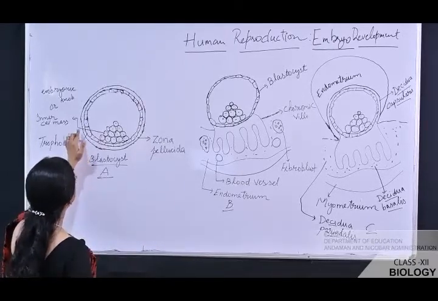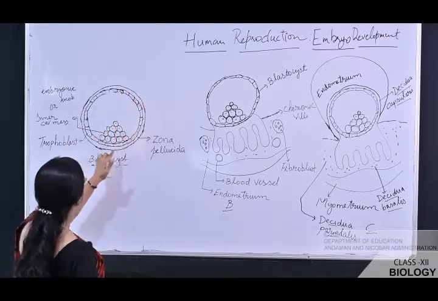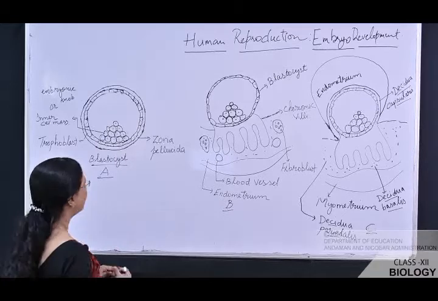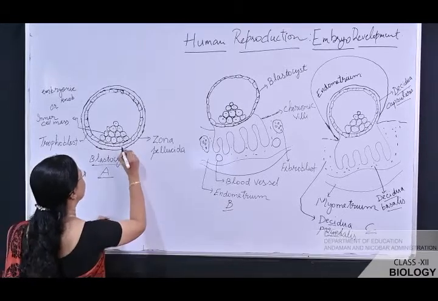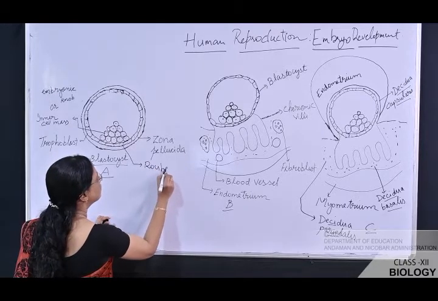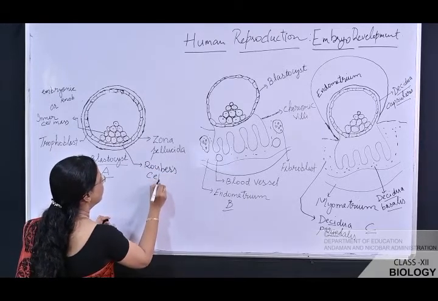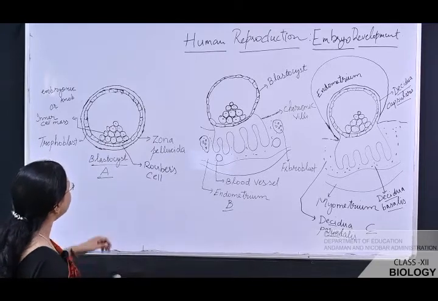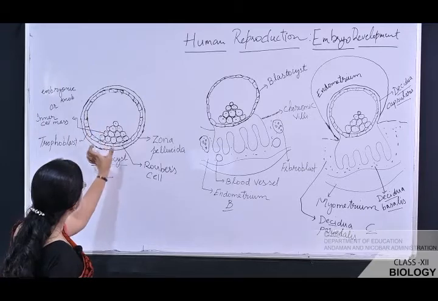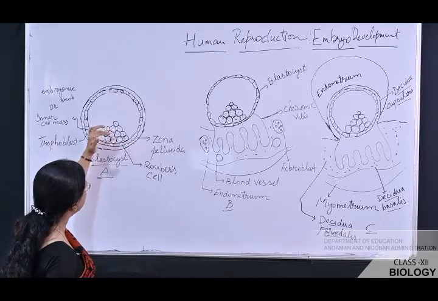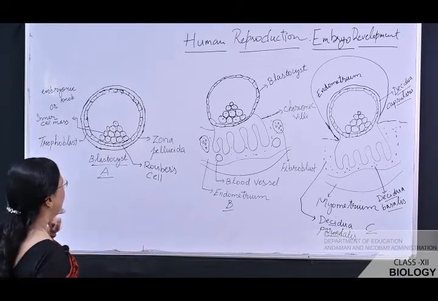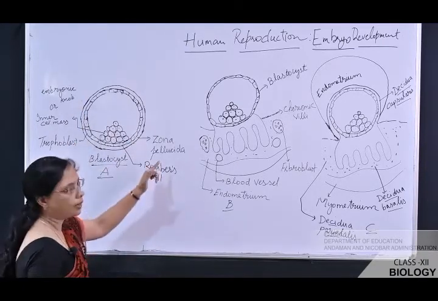You can see another layer surrounding this blastocyst, known as the zona pellucida. One more cell is there, known as Rauber's cell. These Rauber's cells are in touch with the inner cell mass.